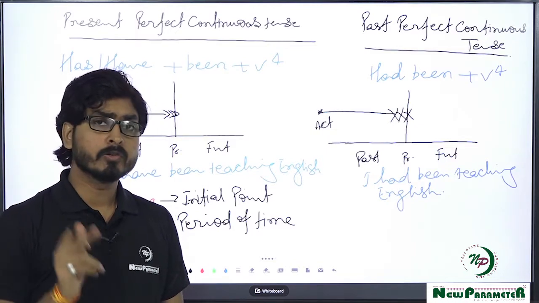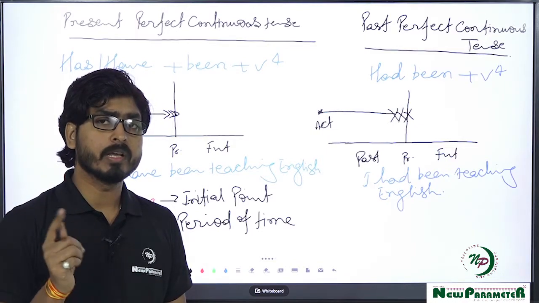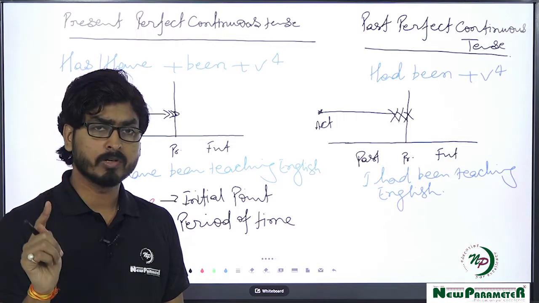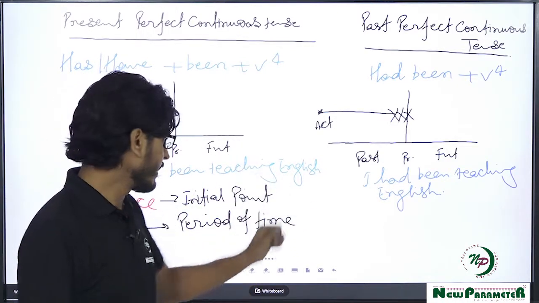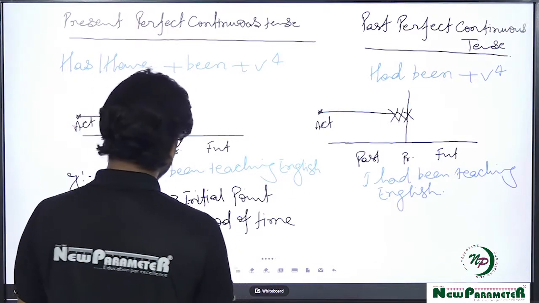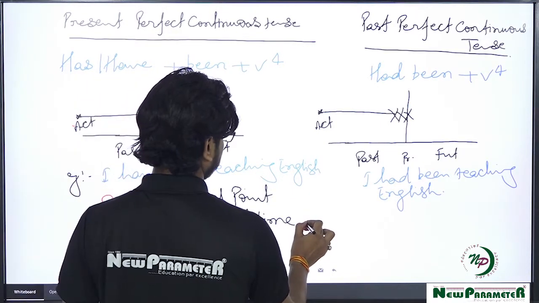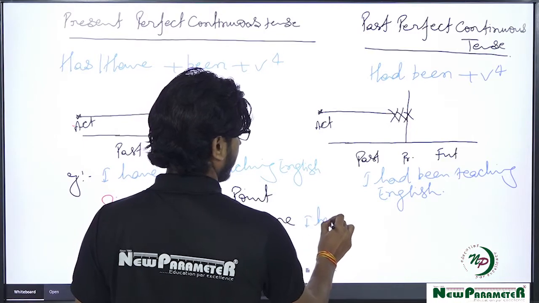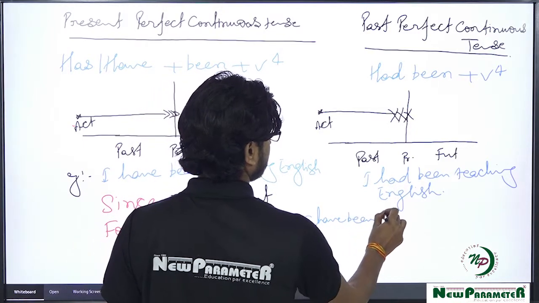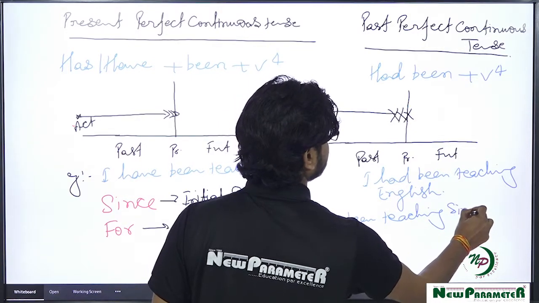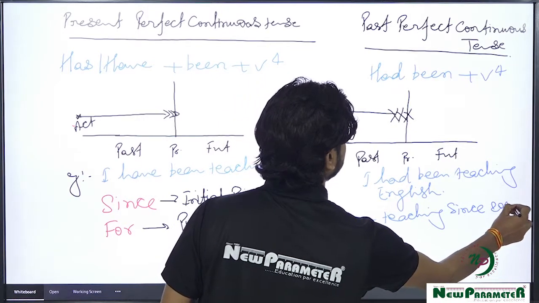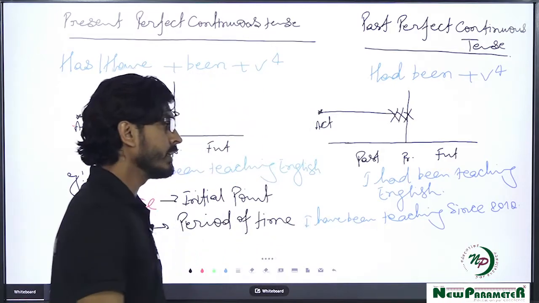Suppose I have to say that I have been teaching English, suppose from, you can say, 2010. So 2010 is what? An initial point. I just don't want to show you period, or you can say the length of that time. So I must write here, I have been teaching since 2010. 2010 is what?